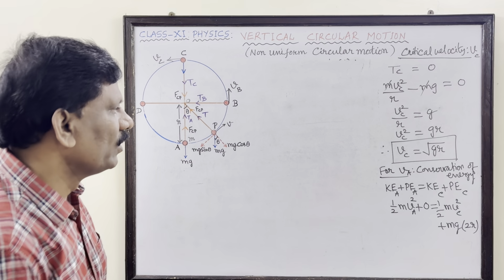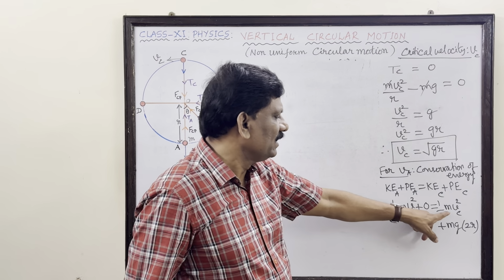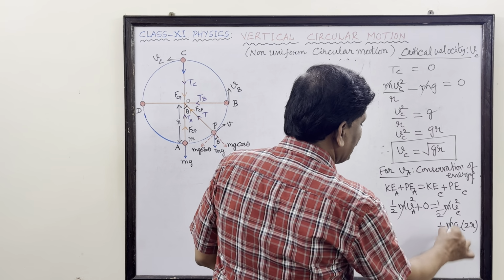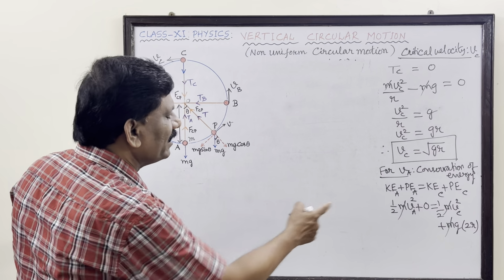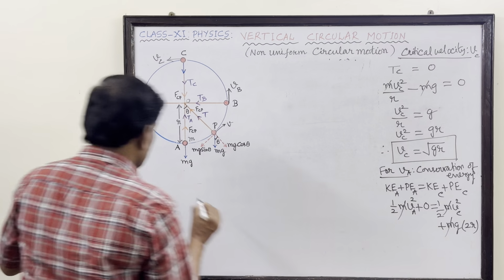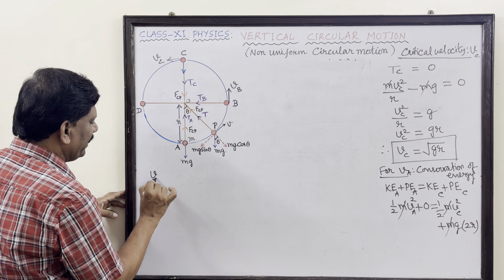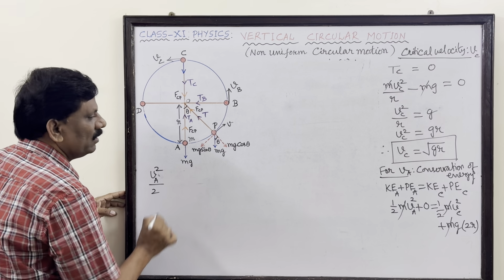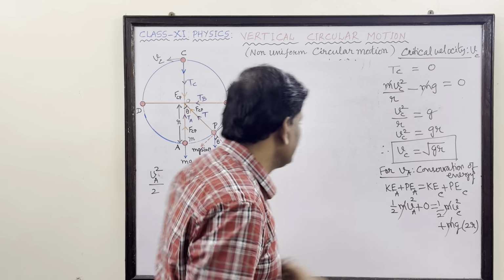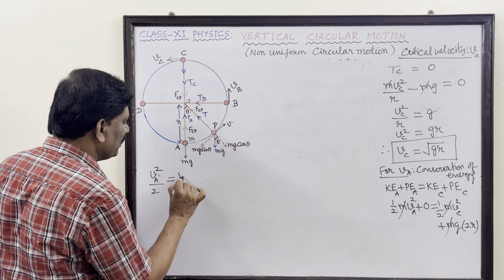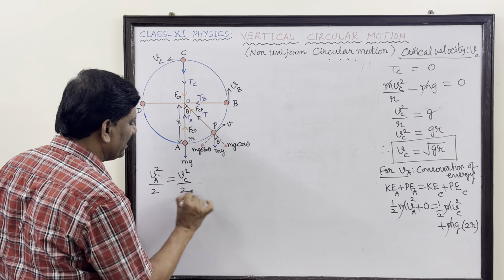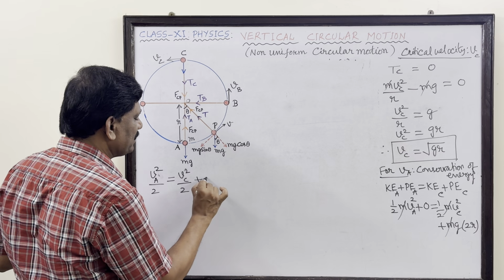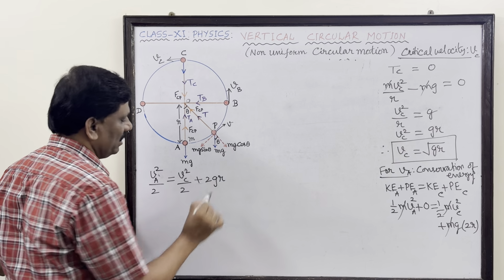Okay children, now you look at this. m is constant on both sides, so I will cancel this. And what are the remaining terms? Half VA square, that is VA square by 2, equal to Vc square by 2 plus 2gR.